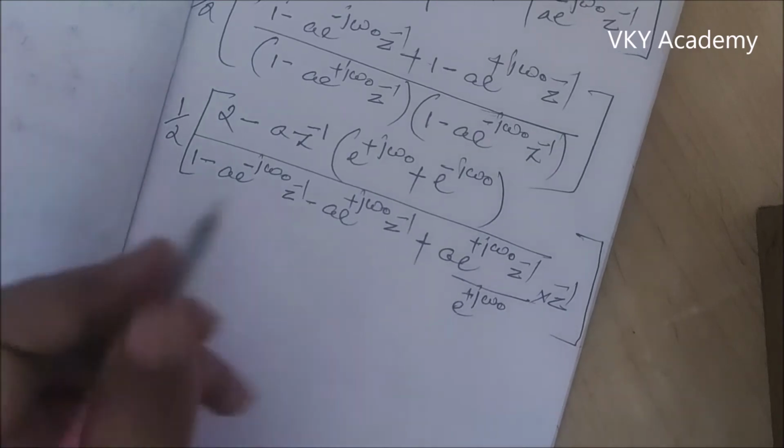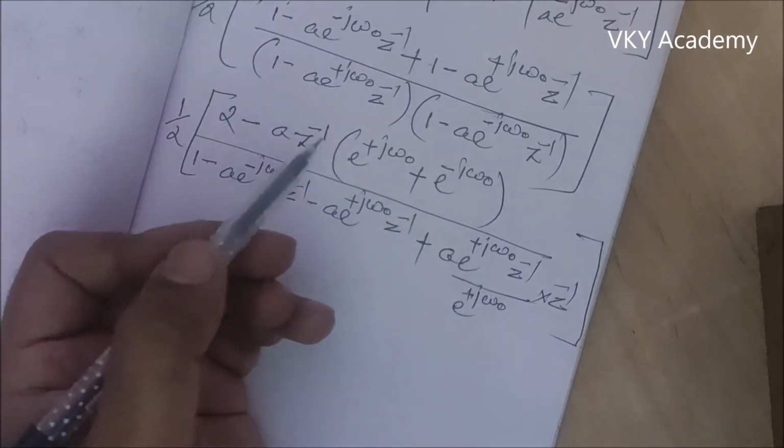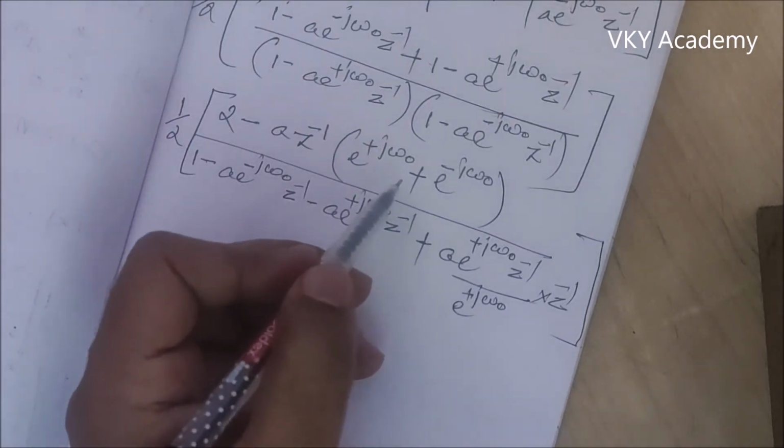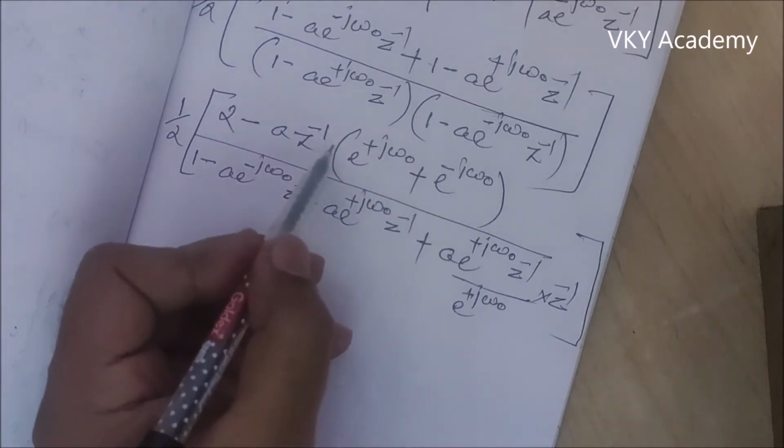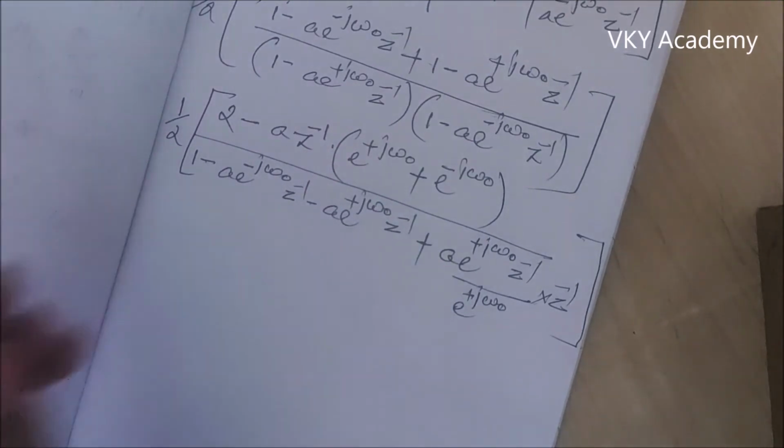Now this particular exponential term can be converted into trigonometric function by multiplying 2 and dividing 2 here.